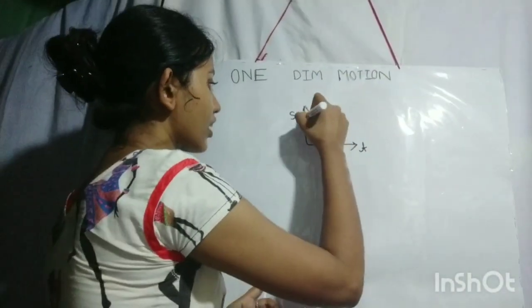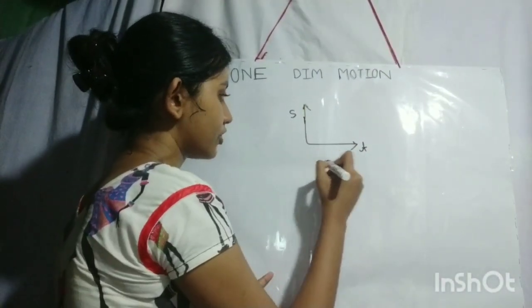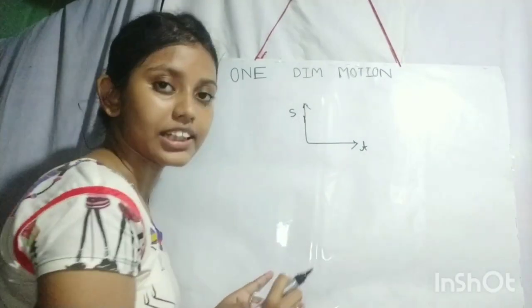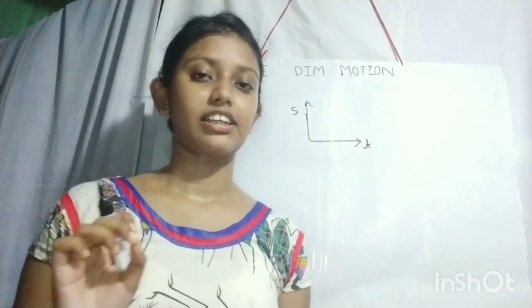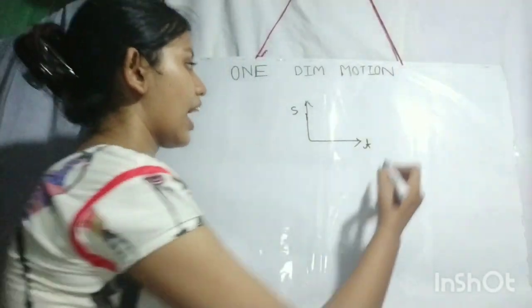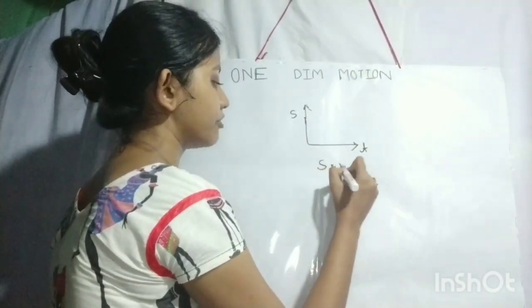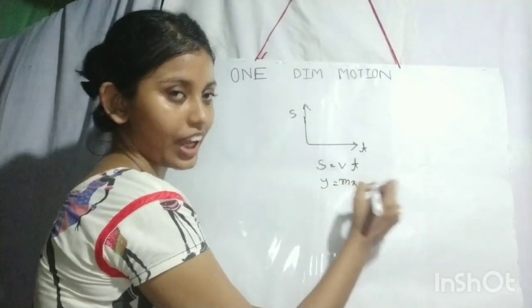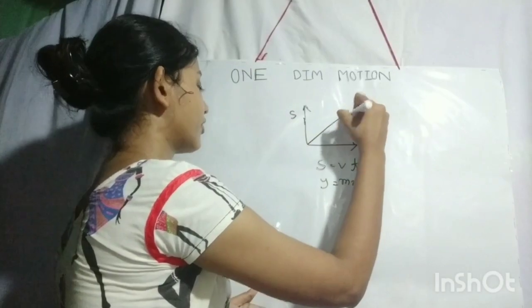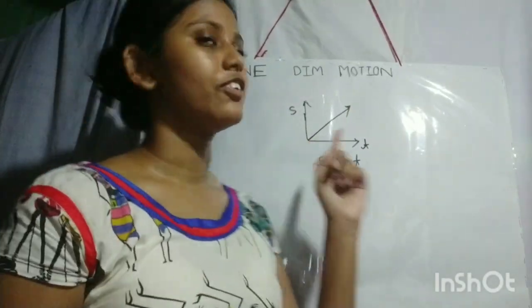Okay, I have already shown that if the particle is moving with constant velocity, then I have the formula s equals vt. Okay, what it looks like, y equals mx. I have already discussed y equals mx, so the graph will look like that.